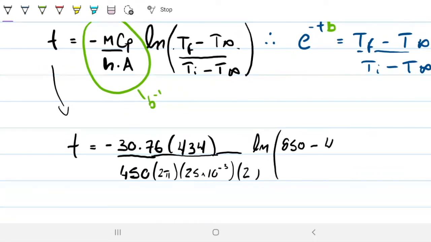Yeah, 40. Final over initial. I flipped this. Did I flip it? No, that's right. What am I doing? Sorry. Final temperature is 95, right? It's not 850. Initial temperature is 850. And this is 40.